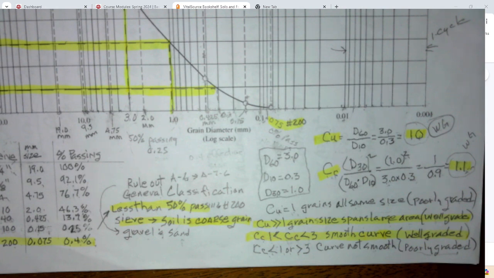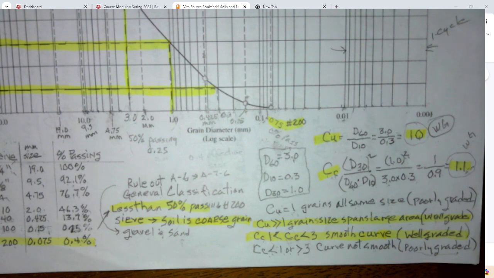Up here, I'm saying the coefficient of curvature is less than 1 and greater than 3, it's a smooth curve, but this is saying if it's less than 1 or greater than 3, it's poorly graded. I think I have a mistake here, and we will find that out.